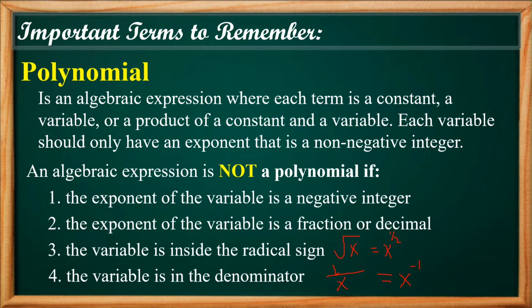Yun ang mga conditions na dapat natin tandaan. If the exponent of the variable is a negative integer, then it is not a polynomial. If the exponent of the variable is a fraction or decimal, then it is not a polynomial. If the variable is inside the radical sign, then it is not a polynomial. If the variable is in the denominator, then it is not a polynomial.